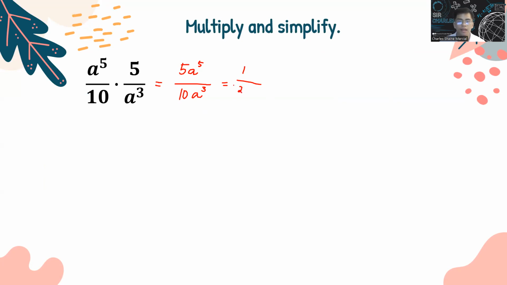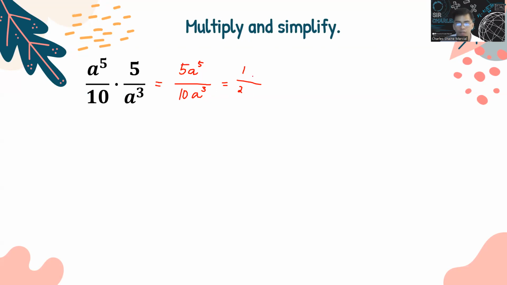Next, kapag pinag-uusapan naman yung variables and exponents, kapag magkaparehas yung variable nila, magsusubtract tayo ng exponents nila. So, ibig sabihin, when we are dividing exponents, using laws of exponents, magsusubtract po tayo ng exponents. So, we have 5 minus 3, that is equal to 2.